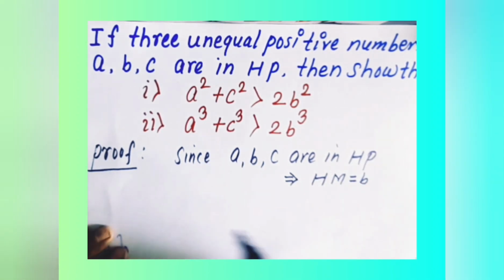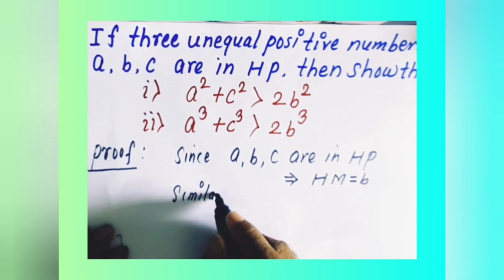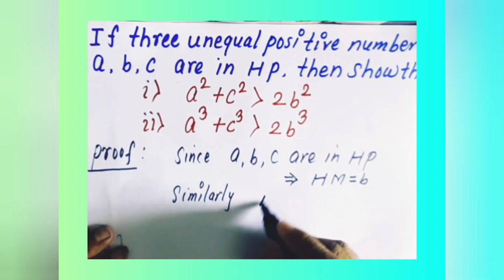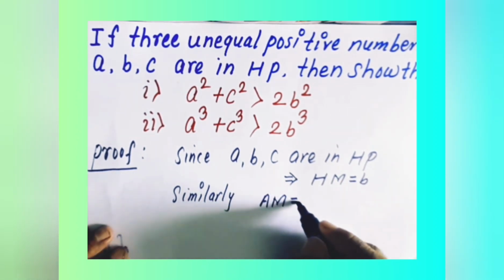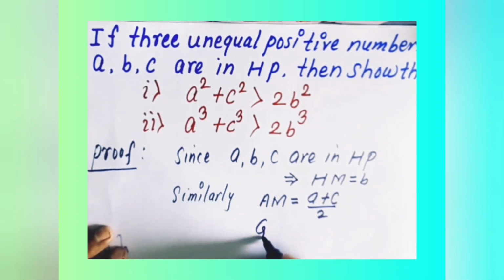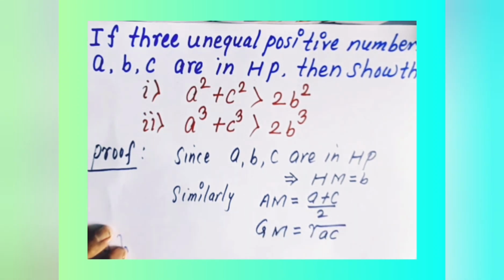Similarly, the arithmetic mean is (a plus c) by 2, and the geometric mean is equal to root over ac. We can write this easily.